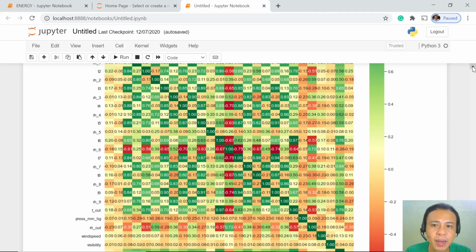Then we have T18 at 0.16, and RH out at negative 0.23, which is a negative relationship, but still stronger. We also have RH8 at negative 0.17, and RH6 at negative 0.18. Wind speed has 0.09, which is also a bit stronger in comparison to the others.